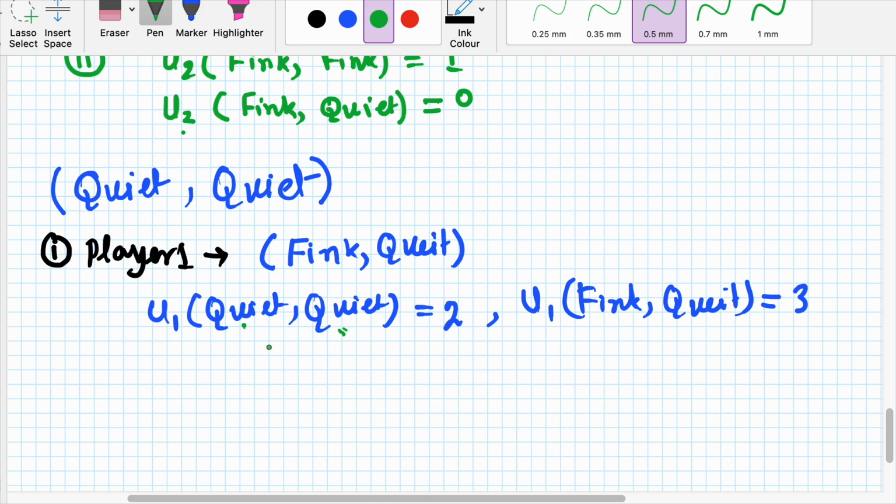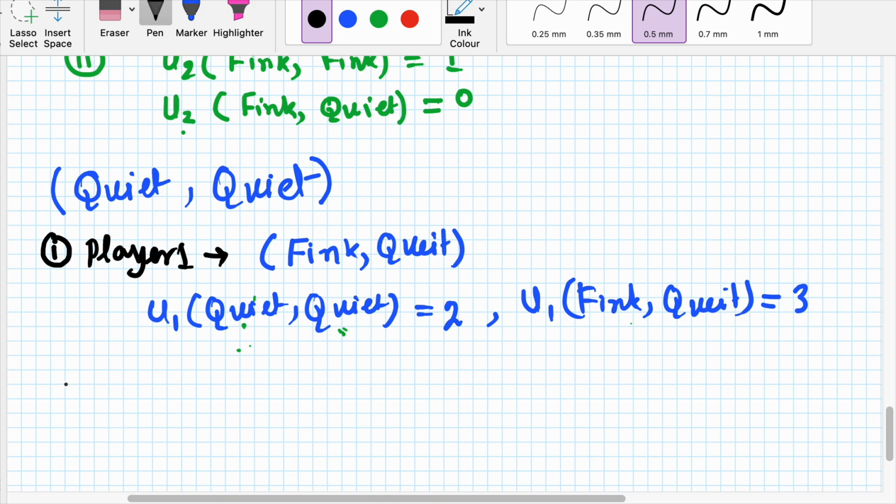So that is why, if she acts as a VNM rational player who wants to maximize her payoff, she always tries to adopt the strategy corresponding to fink instead of quiet. So quiet is not a Nash equilibrium, because player 1 has an incentive to deviate from quiet to fink, because in this case the utility is increased.